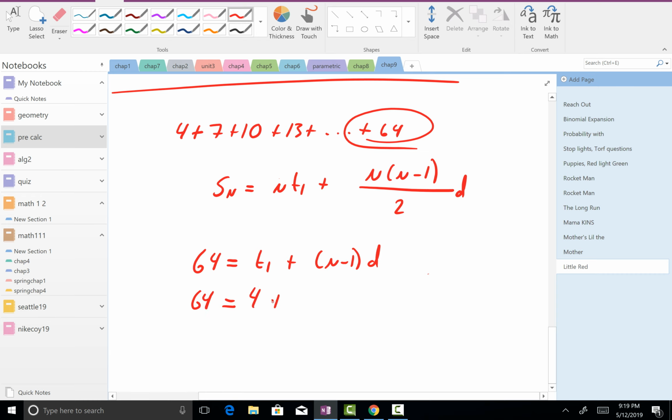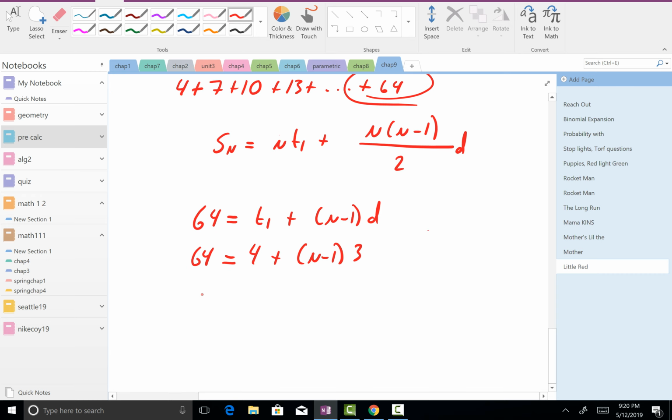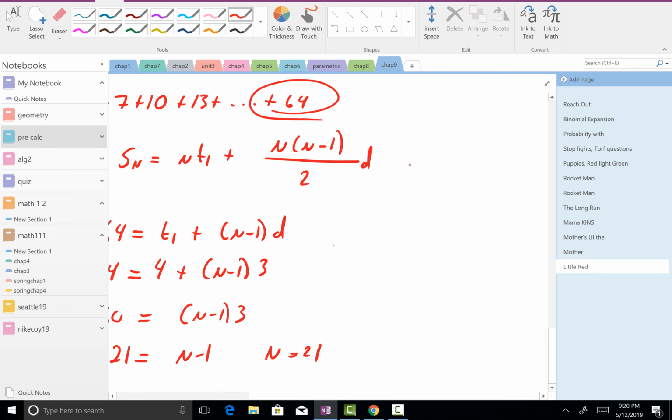T1 is 4. Right, and now it's just a matter of working this out. So n is 21. Now that you know what term it is, again, you can use this formula here.